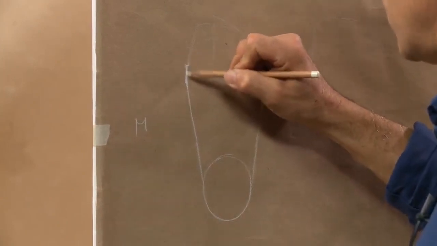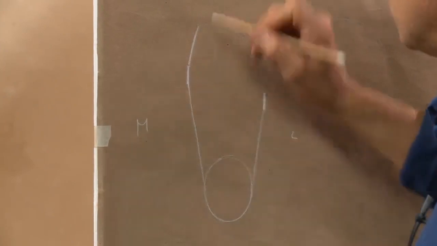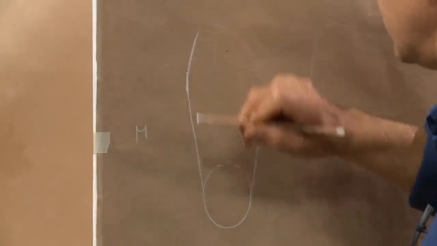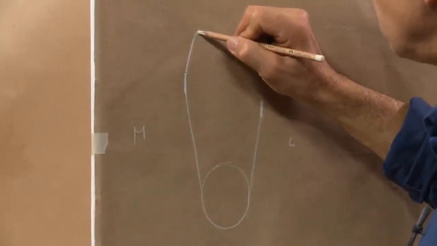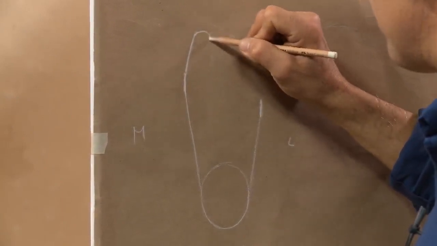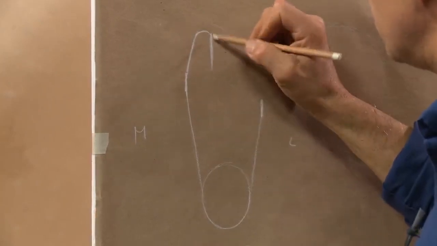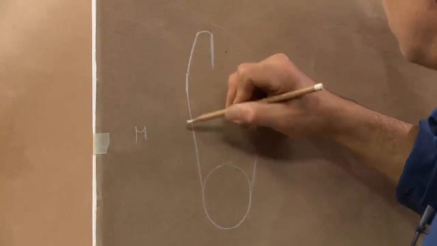On this side, then, as I reach the maximum width, I'm going to come in gently here, and this will give me the line of the medial line of the big toe here. Okay, so this line toward the middle is going to be at an angle.